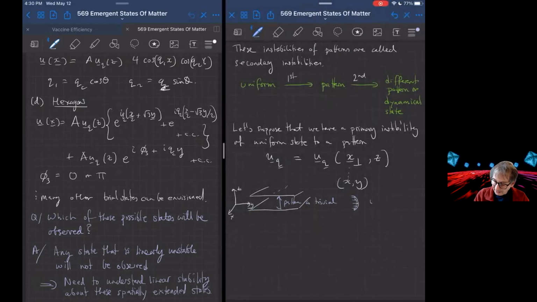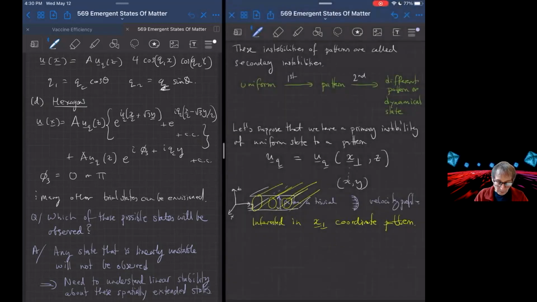It has some profile like that. But the actual pattern itself is occurring in the XY plane. I'm drawing a coordinate system over here, like so. And so we're interested in the pattern in the x transverse coordinate.